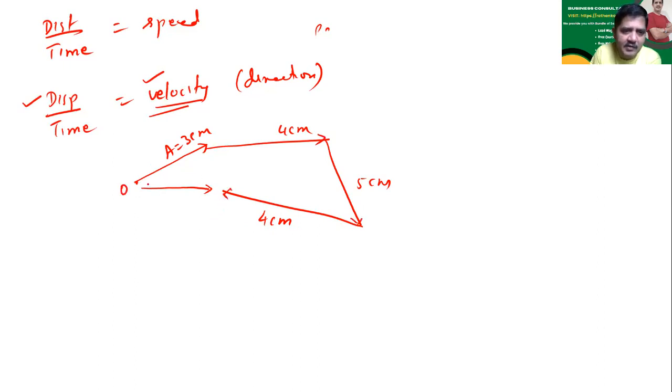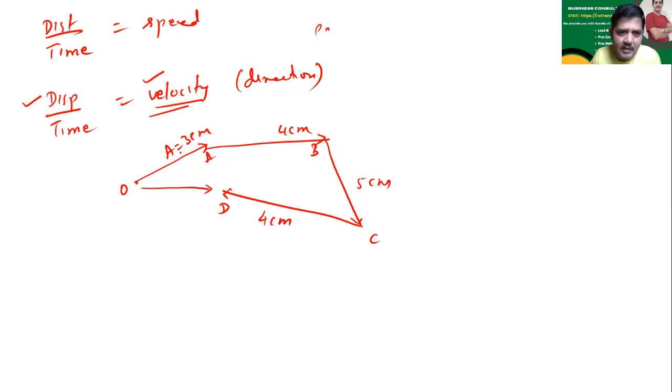Now, let me write down something here. Very interesting to note: O, A, B, C, D. What made me write something like this and indicate an arrow? If you remember, we have done something like addition of vectors. This is one vector, this is another vector, third vector, fourth vector, and the last vector is shown over here. If you want to add only these 2 vectors, I am going to just draw a line like this.